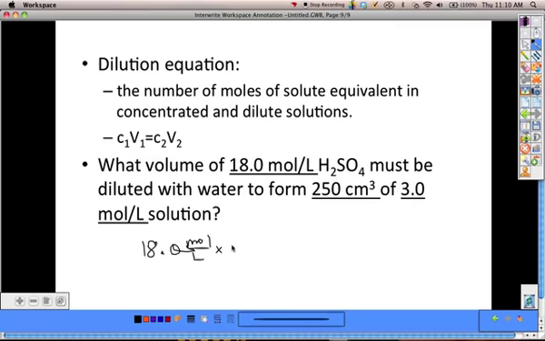I do not currently know the volume that I need of that to make the following solution, which is 250 centimeters cubed, which we're going to have to convert to liters because centimeters cubed is equal to milliliters. And then that would be multiplied by 3.0 moles over liters.